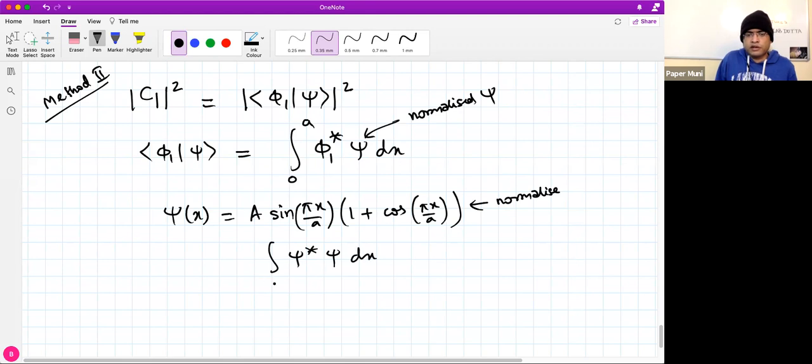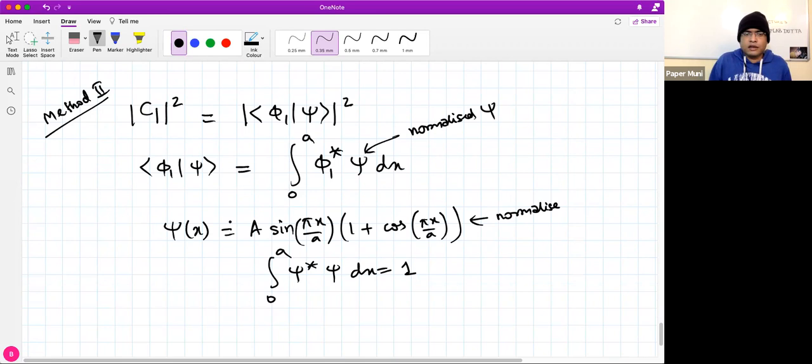Put it in this integration and normalization condition and get the normalization constant. And then solve it this way. After doing normalization, you put it here, and after solving this, this is the answer to your question.